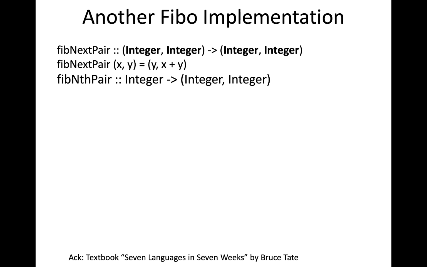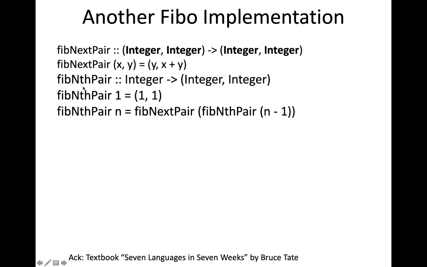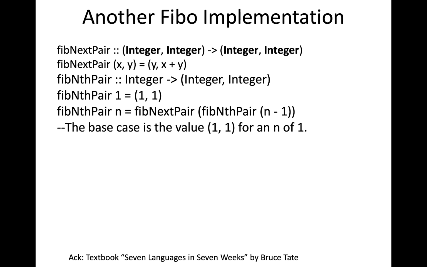And we have another helper function fibNthPair, where the base case is 1 comma 1, and for n as the parameter, fibNthPair calls fibNextPair, and inside there is fibNthPair (n minus 1). So I think we need an example to explain this, right?